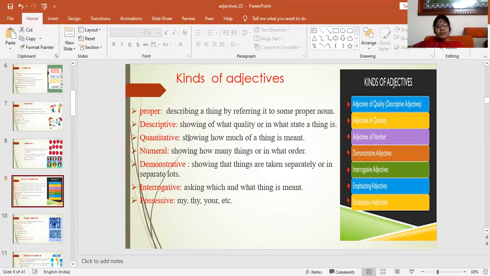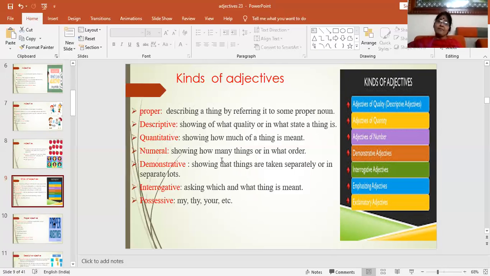Then we have quantity, showing how much of a thing is meant. Then we have numeral, showing how many things or in what order it is there. Then we have demonstrative adjectives, showing that things are taken separately or in separate lots. We have interrogative, asking which and what thing is meant, right?